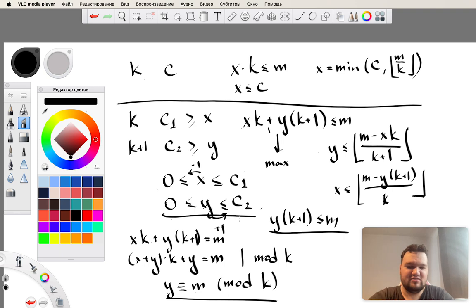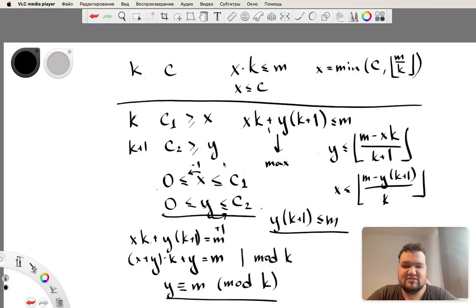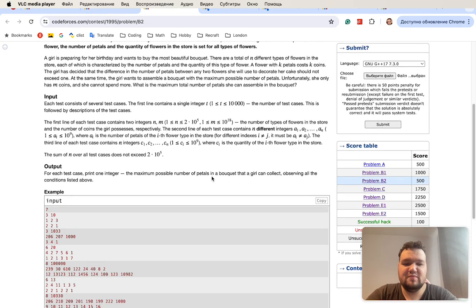To do that, we will find minimum of c2 and m divided by k plus 1, and then find the greatest number which is not bigger but has the correct remainder modulo k. So we'll choose that y, find the corresponding x, and check that it is in the bounds that we want. That's our plan for problem B.